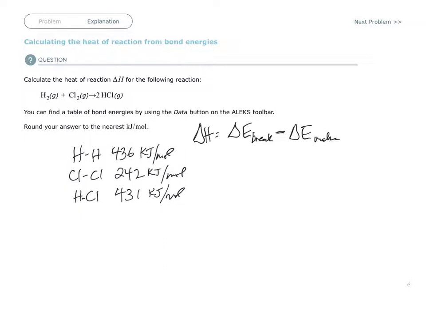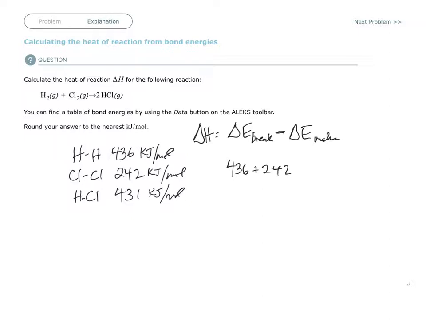So let's look on the left. What do we need to break? We need to break one hydrogen-hydrogen bond. Okay, so we're going to say that will be 436 kilojoules per mole. Then we need to break one chlorine-chlorine bond. So that will be 242 kilojoules per mole, right?